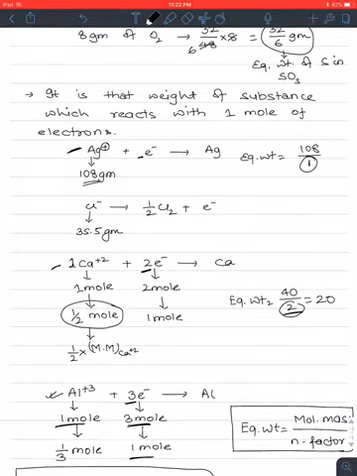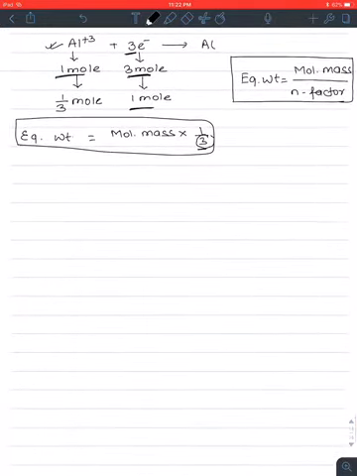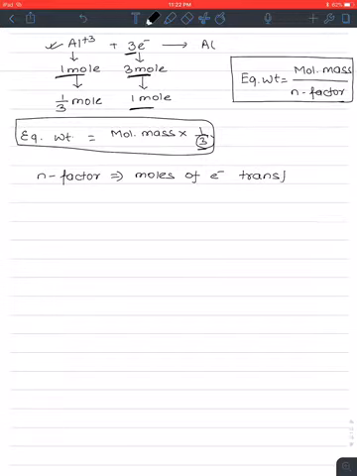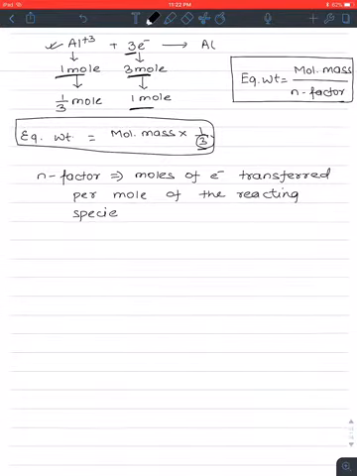So N factor is the moles of electrons transferred per mole of the reacting species.